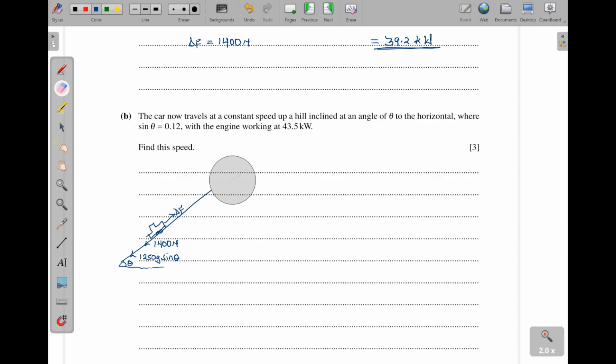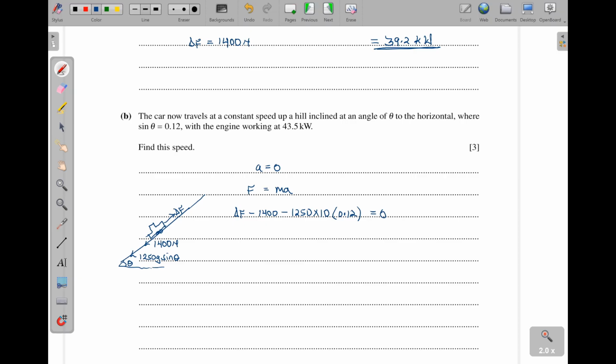Having known that, again it is constant speed. That means acceleration is equal to 0. So using F equals ma, I can have the driving force, minus the 1,400, minus 1250 times g, which is 10, times the sine of the angle, given as 0.12, equal to the mass times 0, of course.